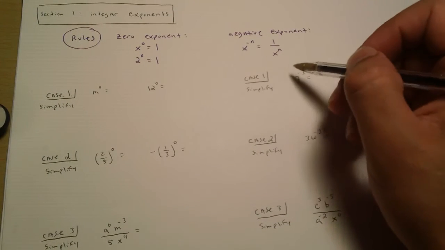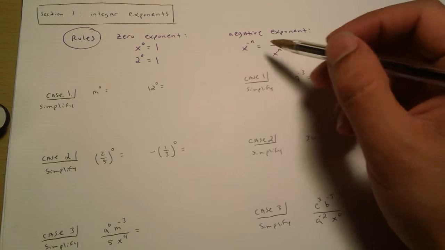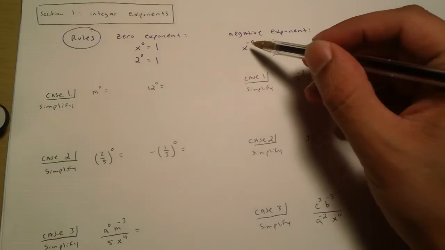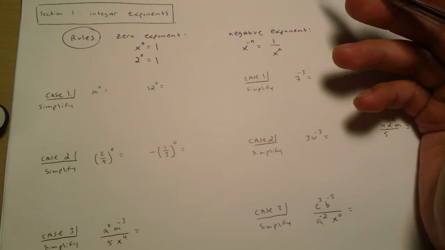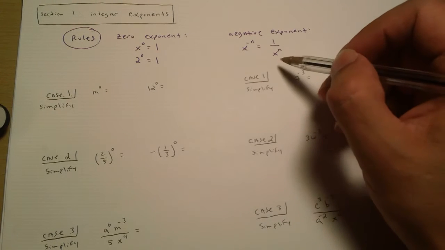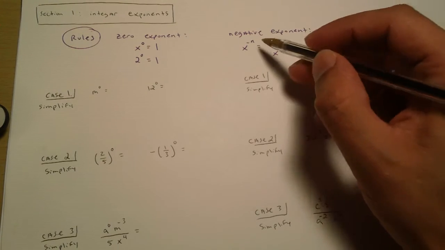Now for the negative exponent, there might be confusion on how to set this up, but always try to remember that x to the negative n, where n is any integer, is always equal to 1 over that number or letter raised to the positive integer of this.